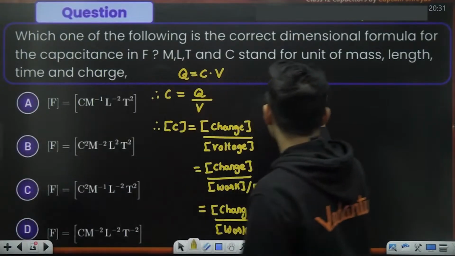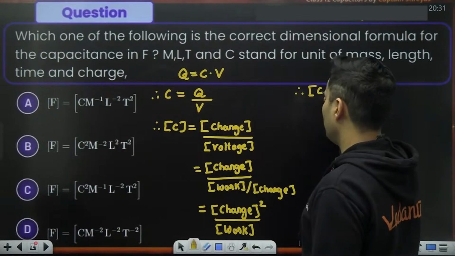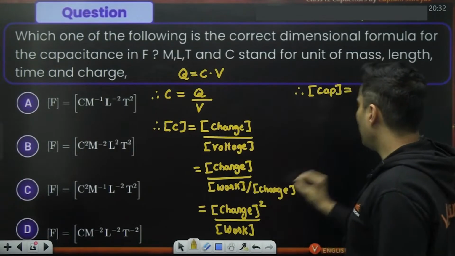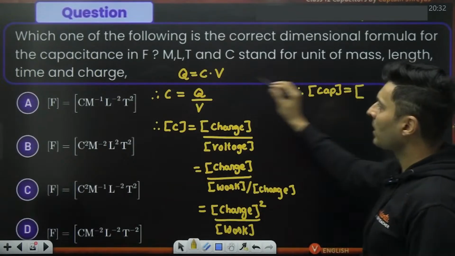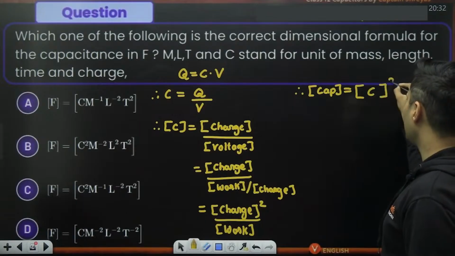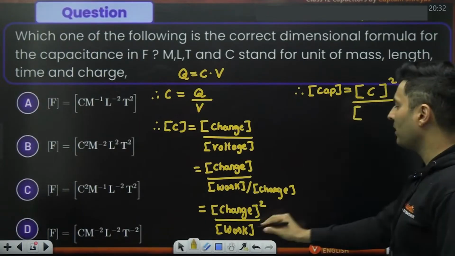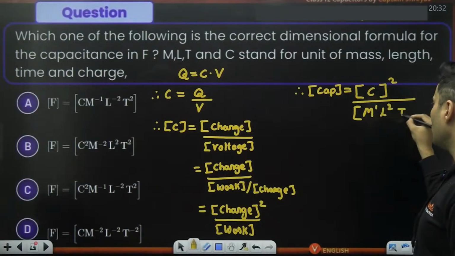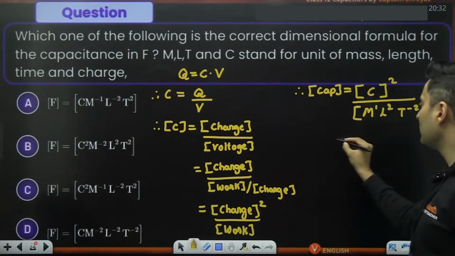Perfect. So the dimensions of capacitance will be the dimension of charge, for which they are using the symbol C, so it is C raised to 2. And the dimension of work, we know as a standard, is mass, length raised to 2, T raised to minus 2. Bring this on the top.